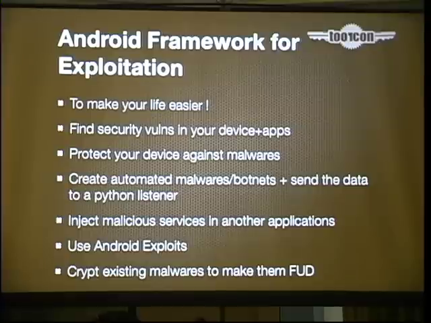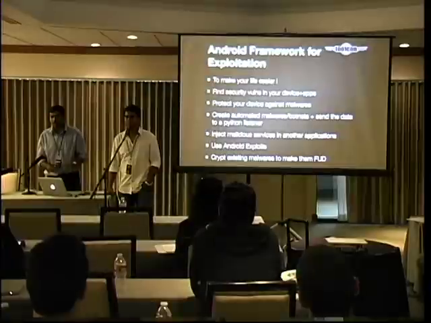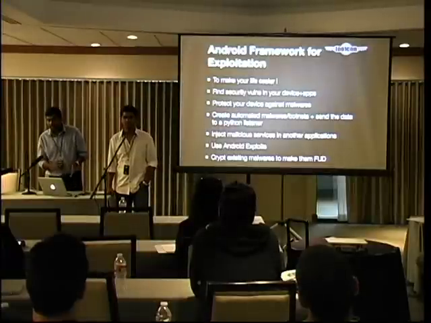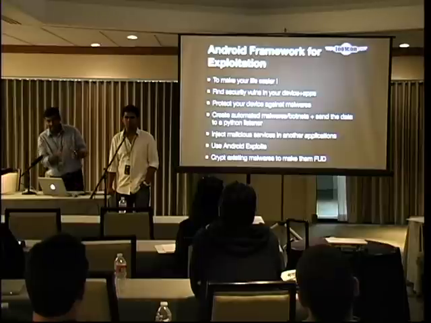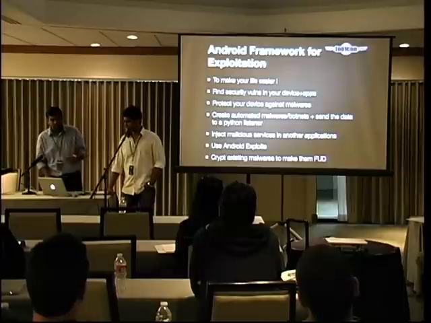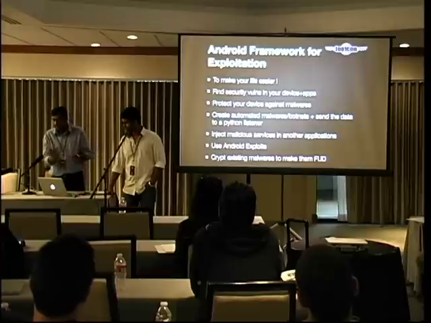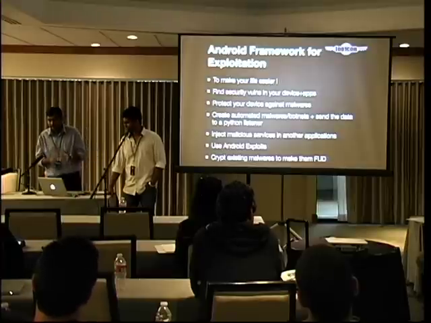I would like to talk about the last point over here: crypt existing malwares to make them fully undetectable. Does anyone know how the antivirus checks the applications, whether it's a malicious one or not? So they have a database of signatures of the class names which are there in the applications.